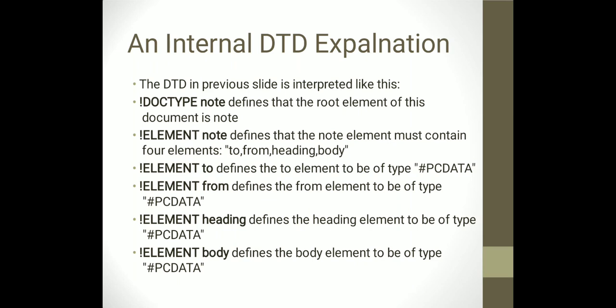Then the element node, that is exclamatory, defines the note element, but it must contain 4 elements like to, from, heading, body. Okay, so these things we have used in the DTD explanation.